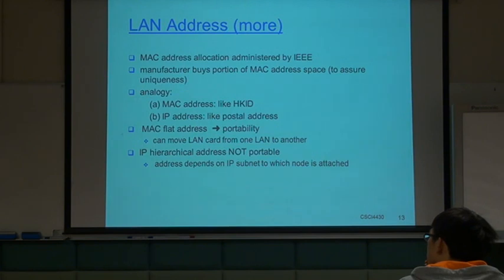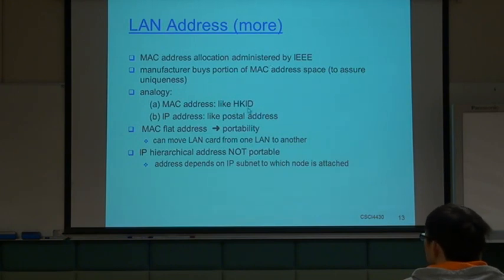Whenever you buy a computer, inside your computer you have a network card, and this network card will have a unique Ethernet address, unique globally. What it means is that your computer's network card and maybe your laptop's network card will have different MAC addresses. The MAC address is unique globally, so different network cards will have different Ethernet addresses, centrally assigned by the IEEE community.